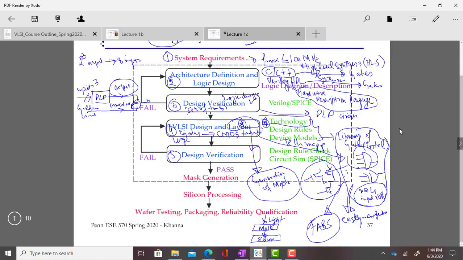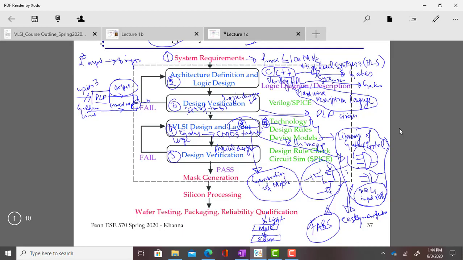In this step, your design is a physical design, meaning that it uses gates from a library, and those gates can be manufactured, and you have the mask.